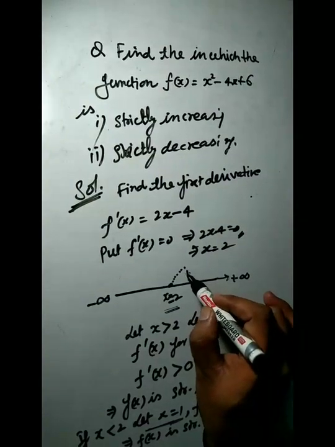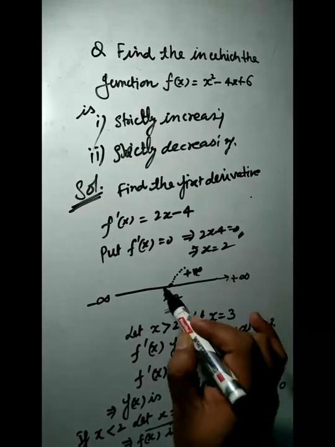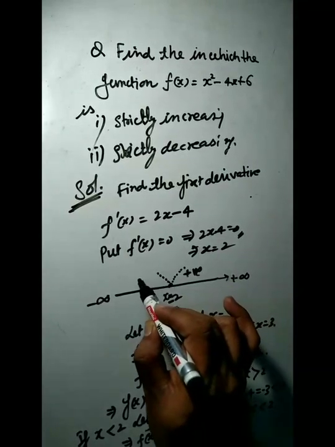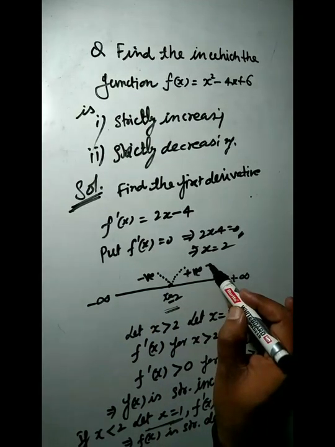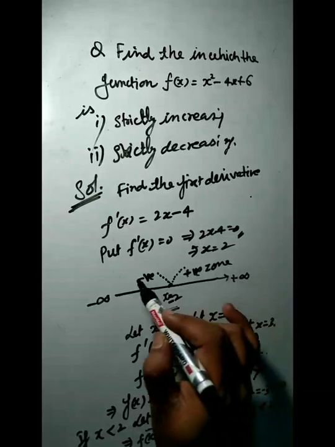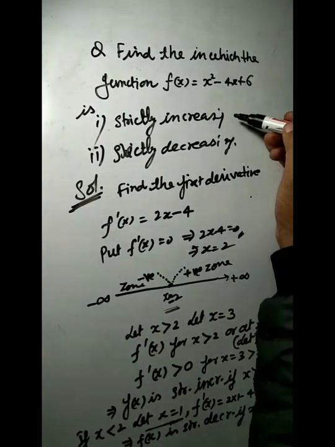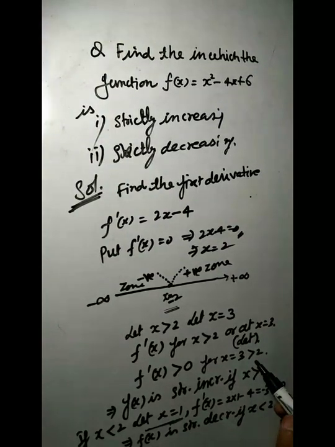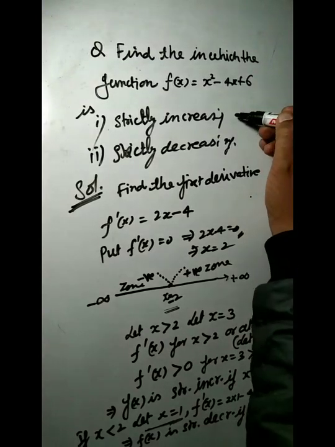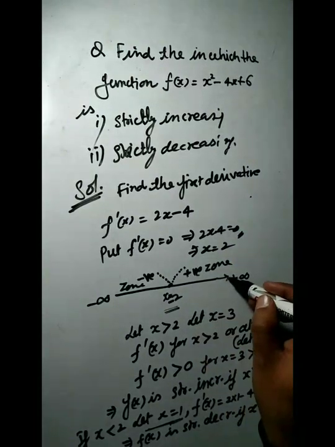So this is positive and here we will draw the graph. This is negative. We can say positive side and negative side. So the function is strictly increasing if we consider the open interval 2 to infinity.